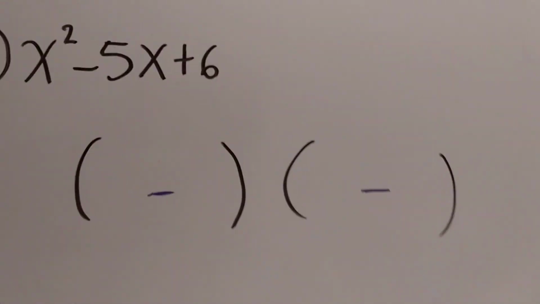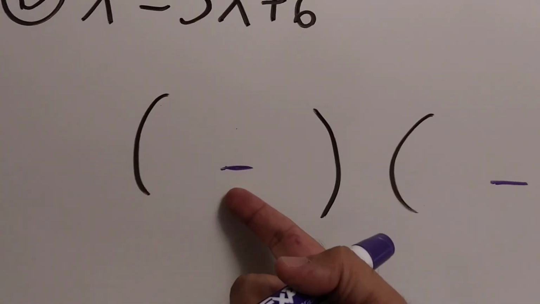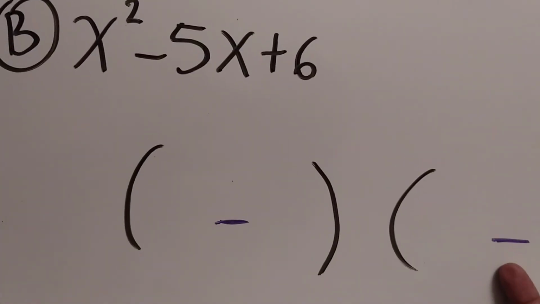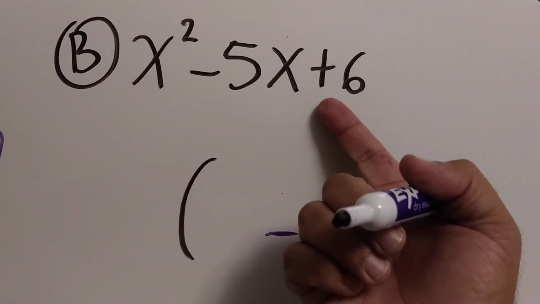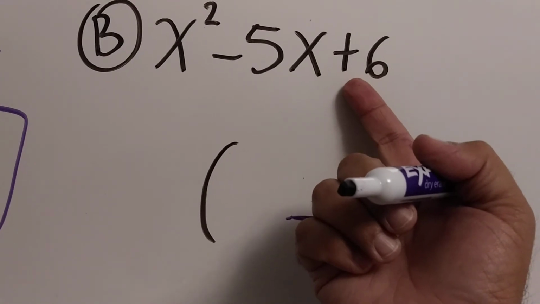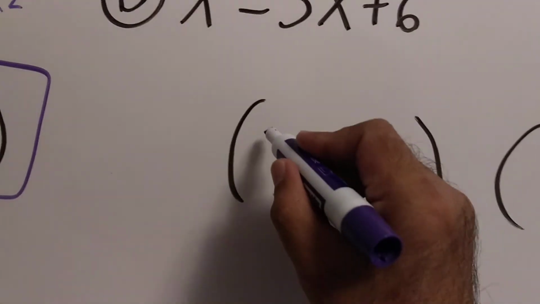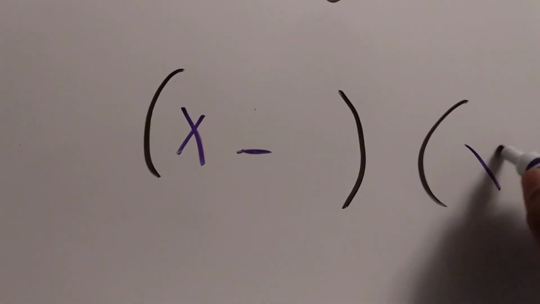Okay, let's go ahead and look at the second example here. Again, we had already placed the signs. We said that if the second sign is a positive, that means that both sets of parentheses will have the exact same sign as the first one. So we have x here and an x as well.